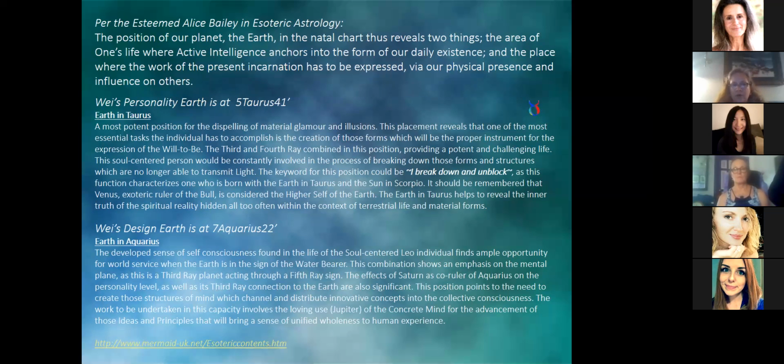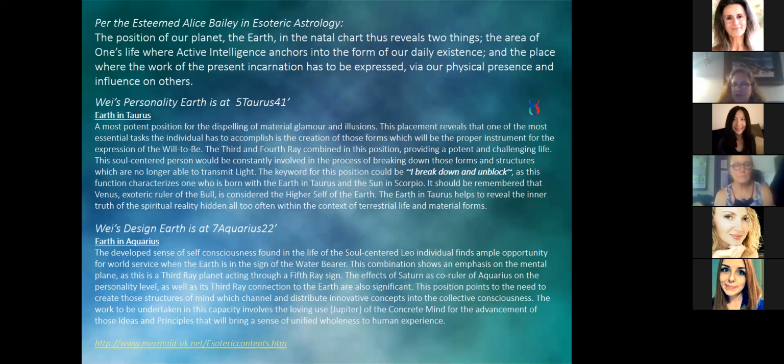So with your design earth at 7 Aquarius, you would also have, as part of your unconscious, your developed sense of self-consciousness found in the life of the soul-centered Leo individual finds ample opportunity for world service when the earth is in the sign of the water bearer.